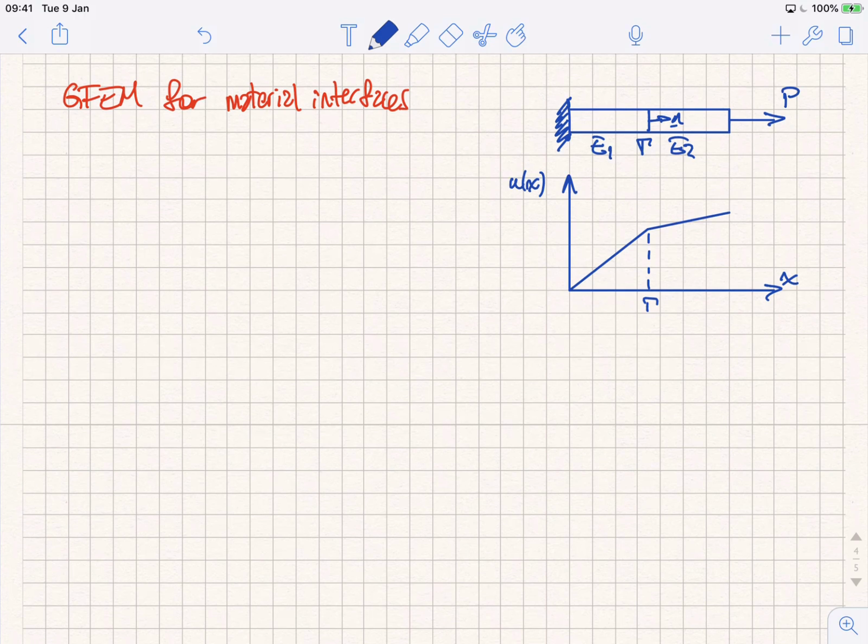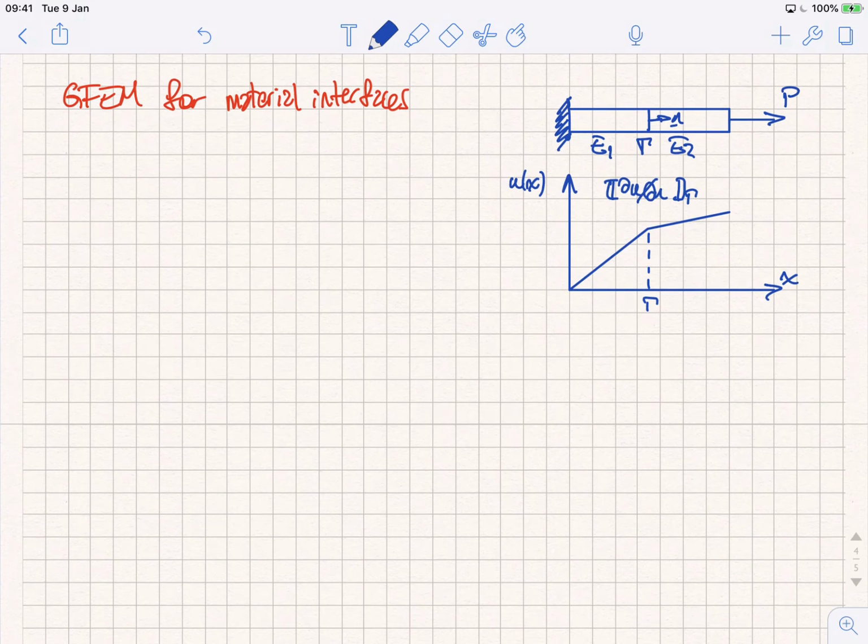Yeah? So as you can see, what happens here is what we're going to call the jump. This symbol refers to the jump, the n. The n is basically a normal direction. Could be also dx in this context in 1D. But when we're talking about higher dimensions, then we really use the normal vector to the discontinuity.